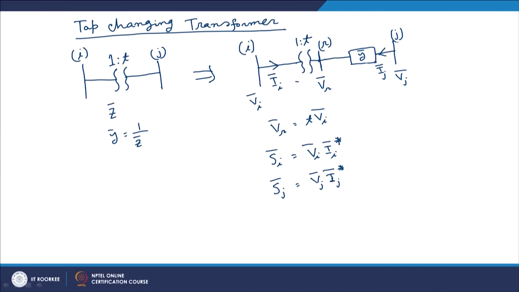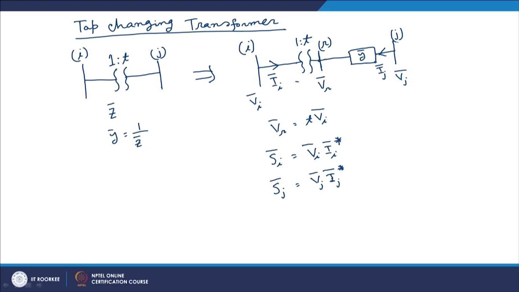Now, here we are making a small assumption: that this transformer is lossless. Because this transformer is lossless, and because we have already taken its impedance or admittance outside in this equivalent circuit, this transformer can be considered an ideal transformer.